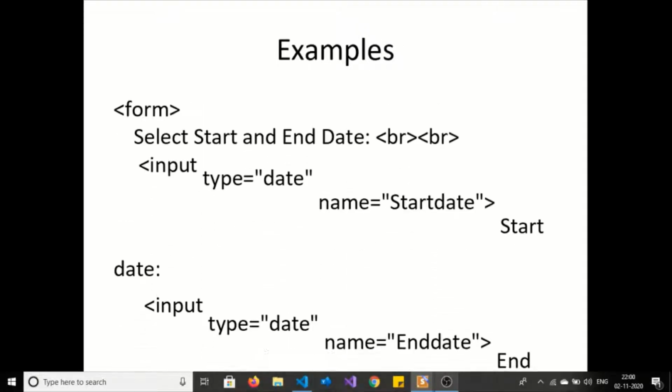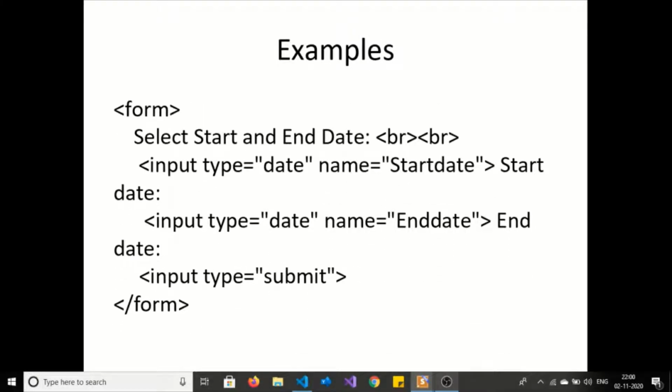For example, I added some code. Say we want to organize an event that goes for a duration, so I can choose the start date from here, like 12 November, and the event goes till 18 November.